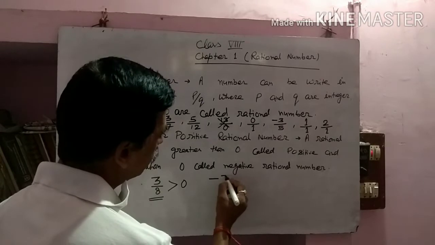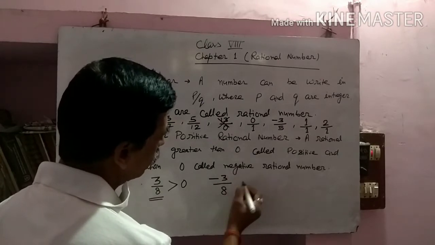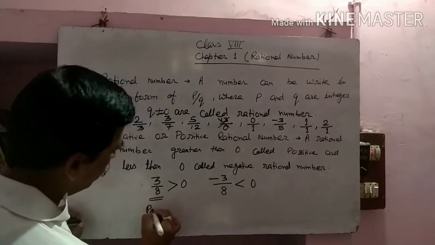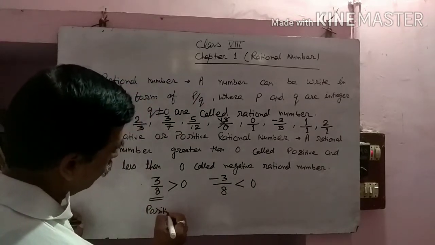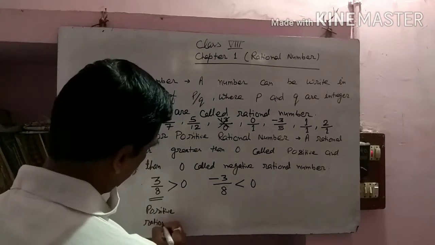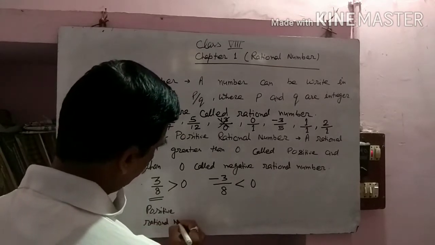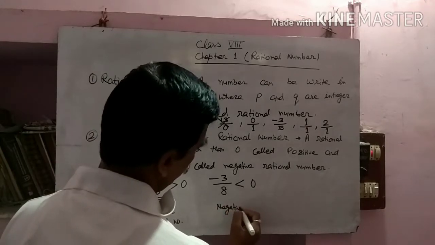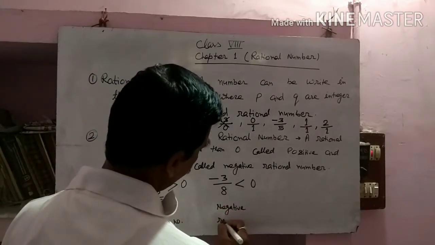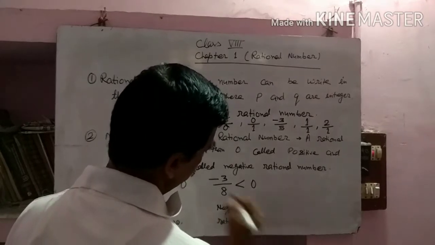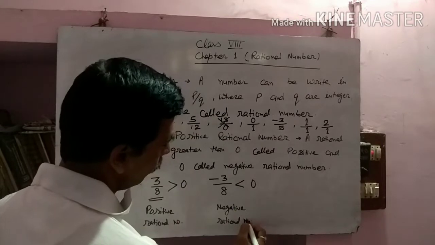A number written like minus 3 by 8 is less than 0. So this one is a positive rational number and this one is a negative rational number. Okay?